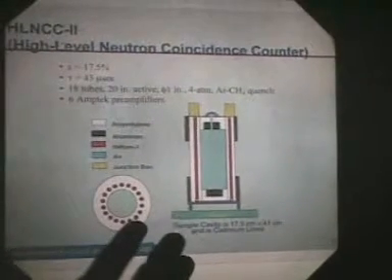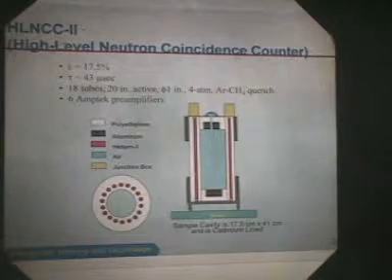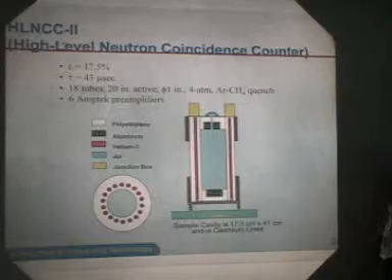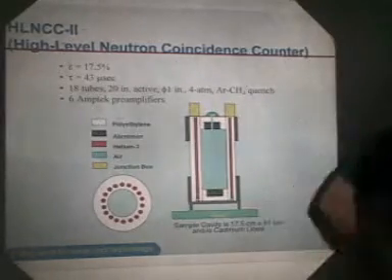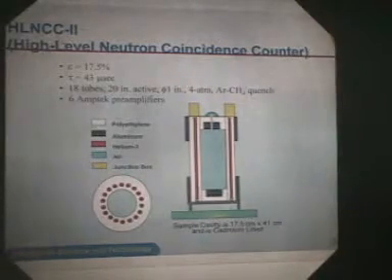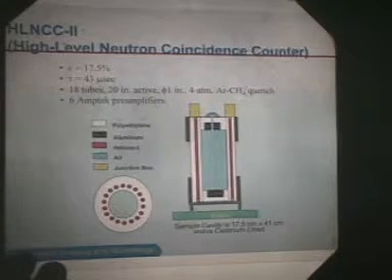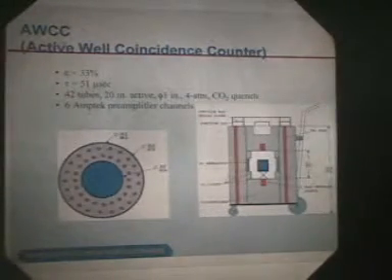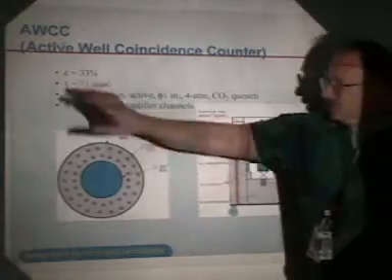So if we start with our conventional high-level neutron coincidence counter, the HLNCC-II, this is sort of a cross-section of a cartoon. You see that it has an efficiency of 17.5%, die away time of 43 microseconds. The point I'm trying to make here is that as we go to more modern counters, the efficiency starts going up. Die away time tends to stay the same or get a little bit less, but the important parameter, the strong one, is that the efficiency goes up.